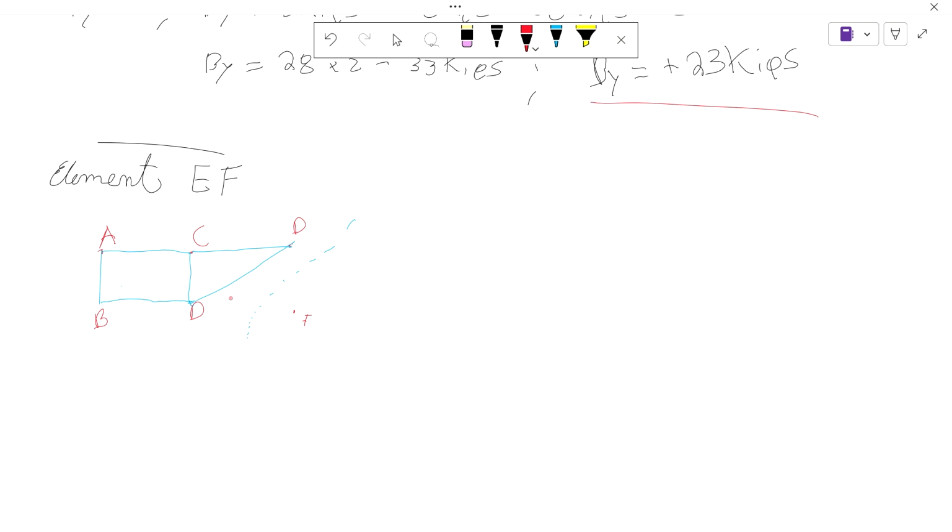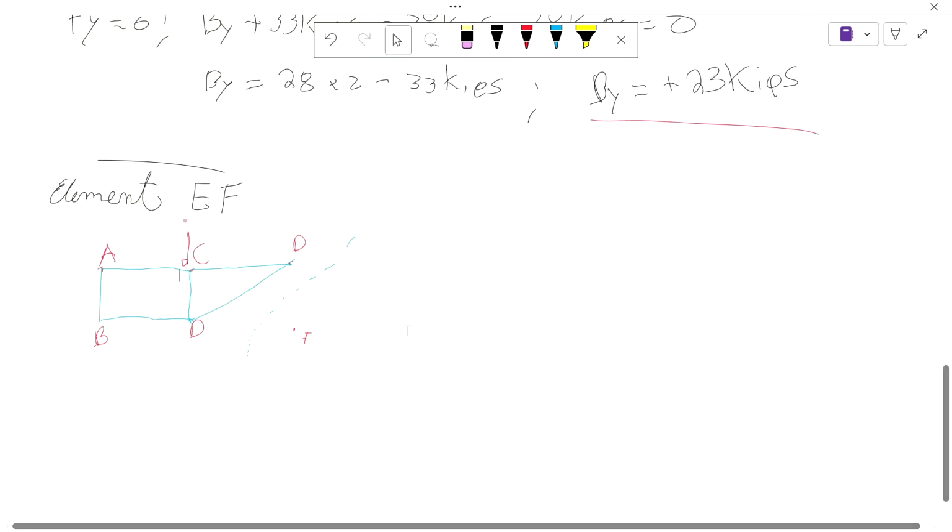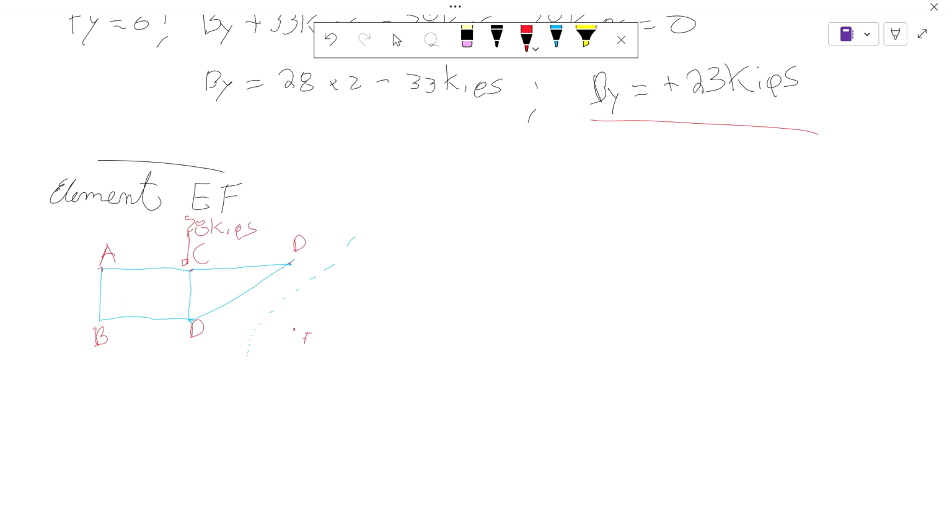And the forces that we have: a force here of 28 kilopounds, and a reaction here at B, so By and Bx.